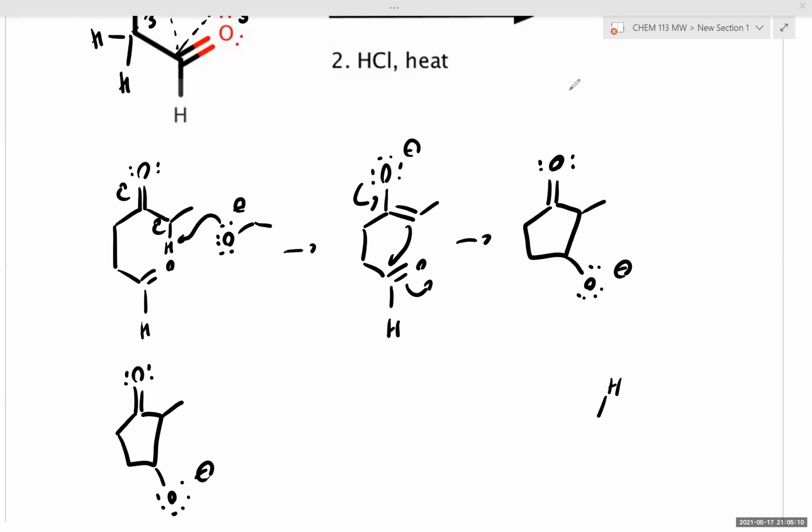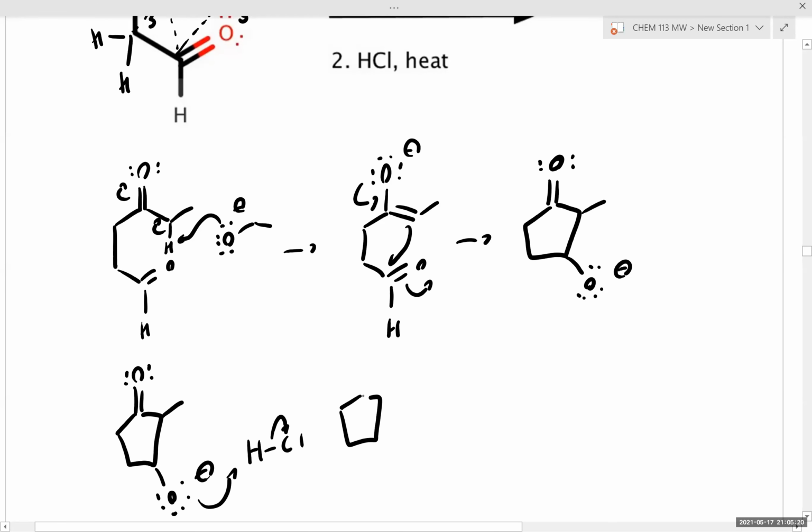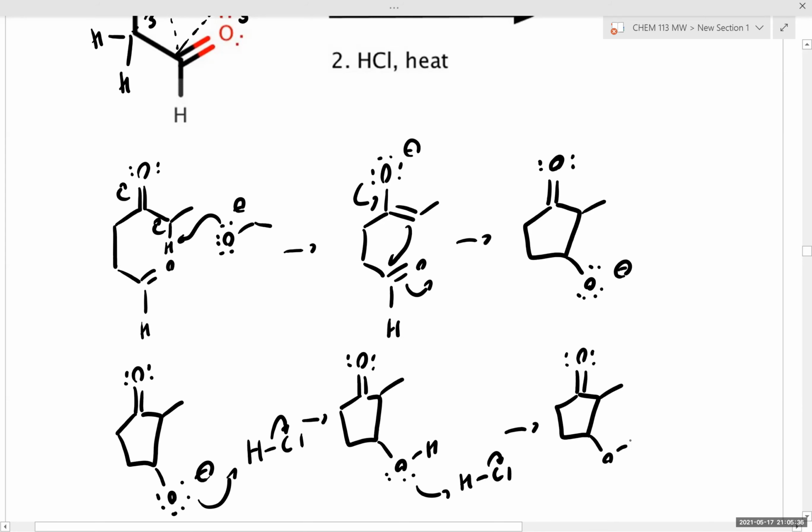cyclopentenone product. So just to reiterate, when we treat this substrate with hydrochloric acid, we protonate our alkoxide ion and generate our alcohol. From here, we further protonate our alcohol with additional acid to yield an activated leaving group, in this case, water.